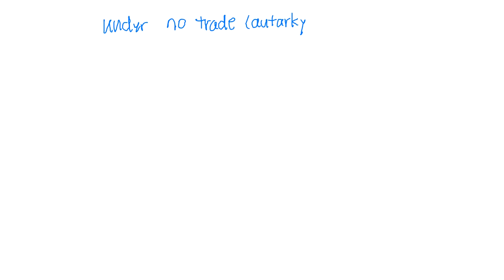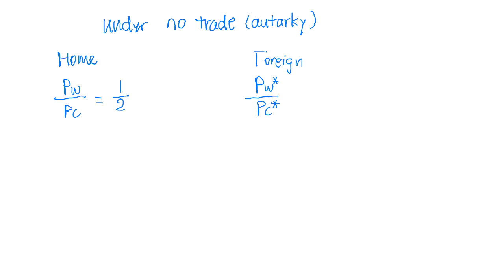Under autarky, the home country's relative price of wheat over clothes is equal to 1/2. The foreign country's is 1. So you see, there are differences between them.